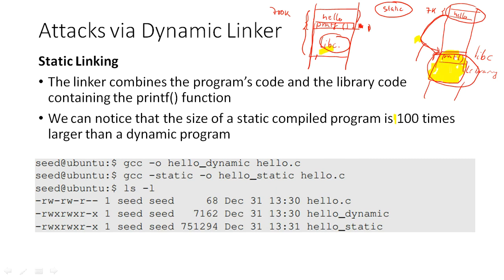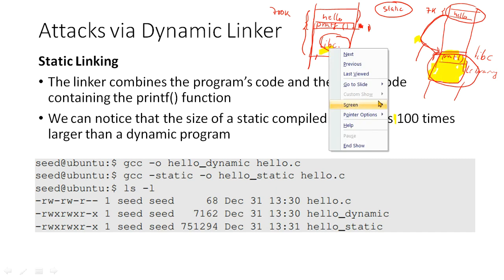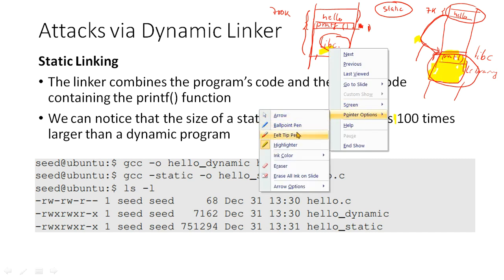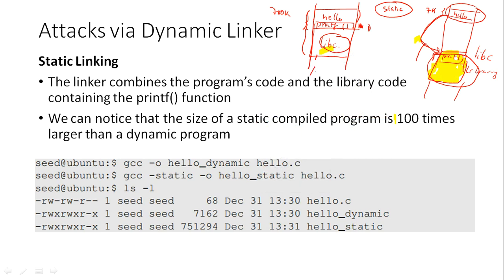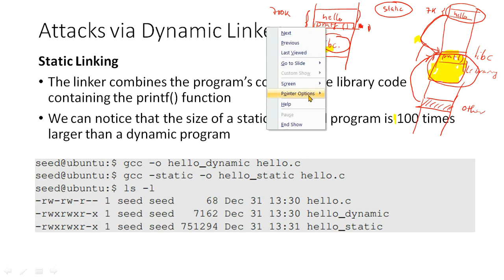If we have another program running which makes a call to printf, it just needs to locate the location of printf in memory and make a call. So you see that we have many programs, but we don't have to load the libc library many times.